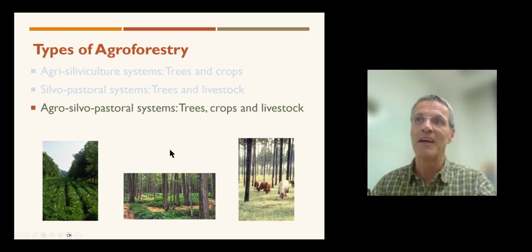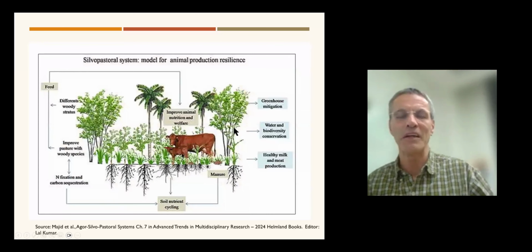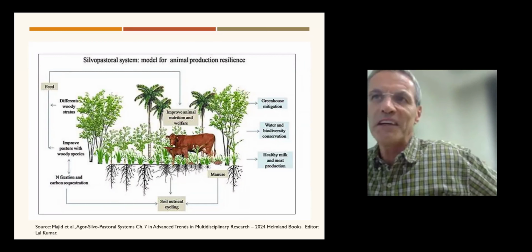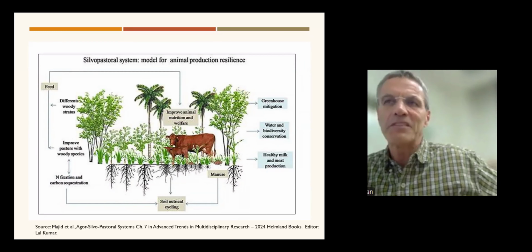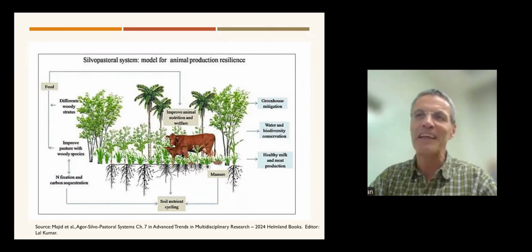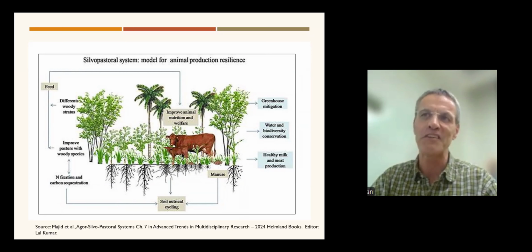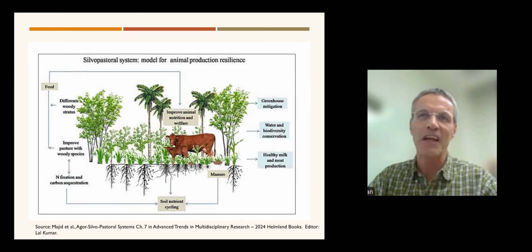So it would be a full-on agro-silvopastoral system here. This shows also a slide of that. And that's really the most complex type because there is a lot going on, obviously, in that. There's a lot of interactions between the animals and the crops and the crops and the trees and the trees and the animals. So there's a lot to consider in that system.